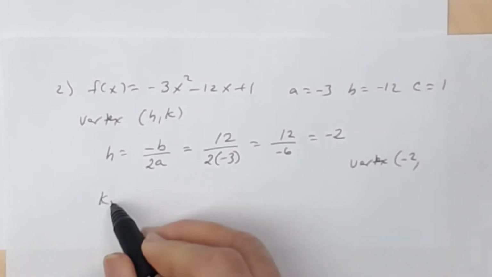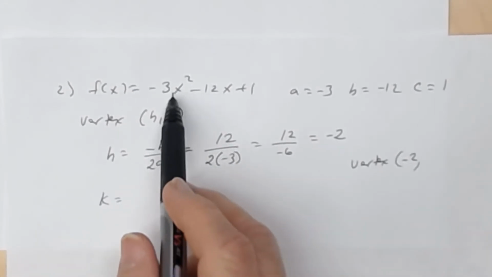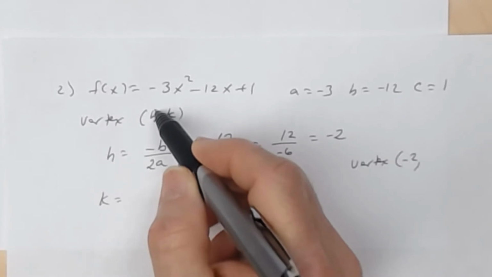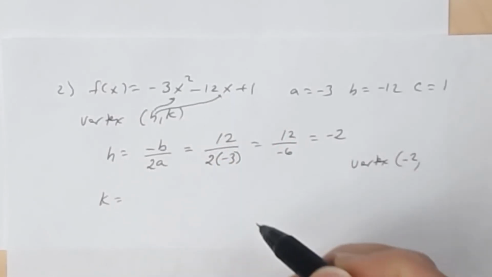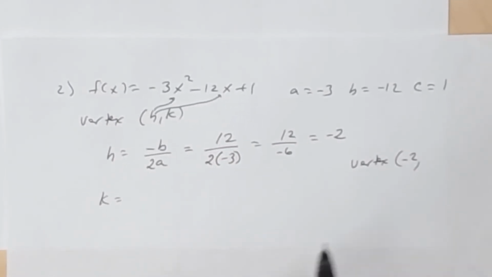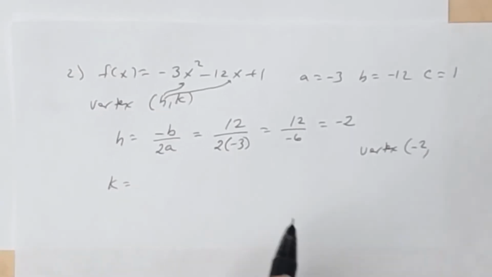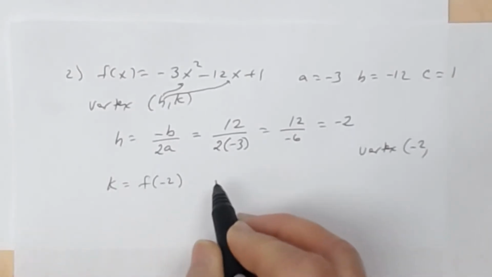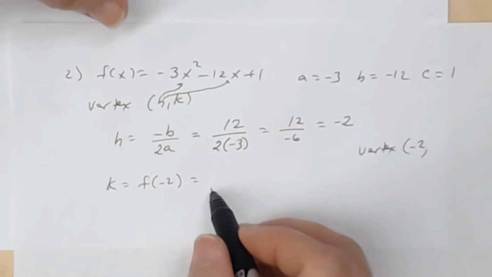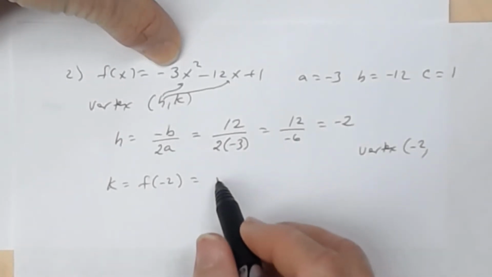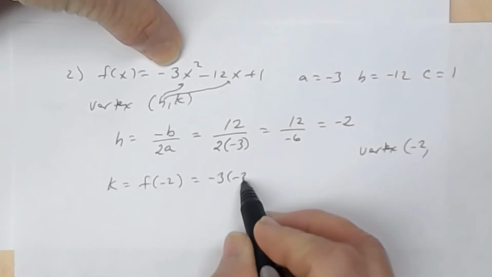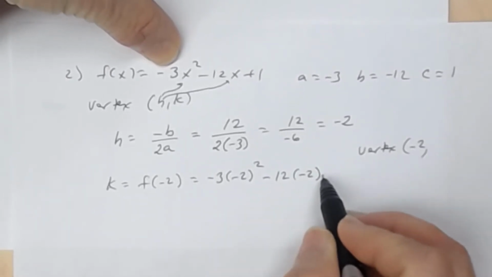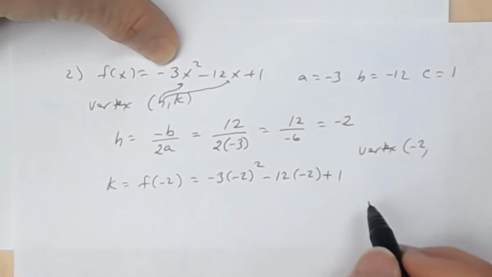Well, remember to find k, if you know the x-coordinate, all you do is substitute that back into your function to find the y-coordinate. All right, so I get k equals, basically in this case, f of negative 2. So let's go ahead and substitute. So I get negative 3 times negative 2 squared minus 12 times negative 2 plus 1.